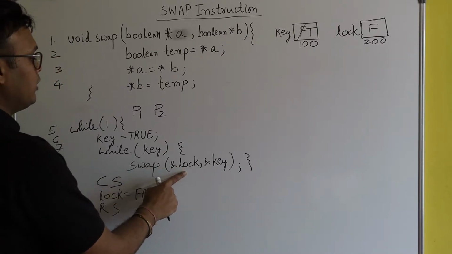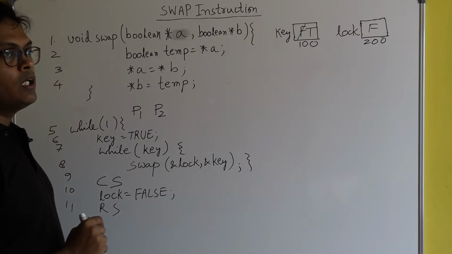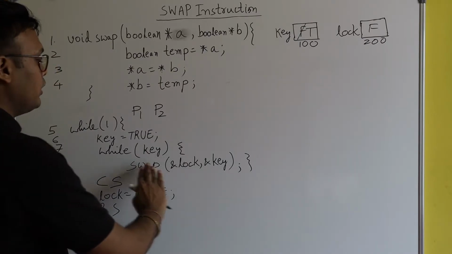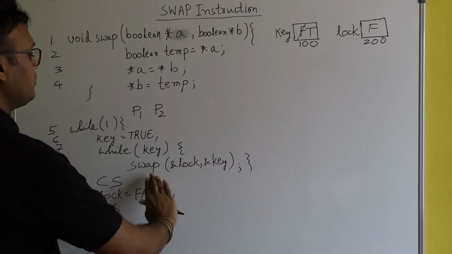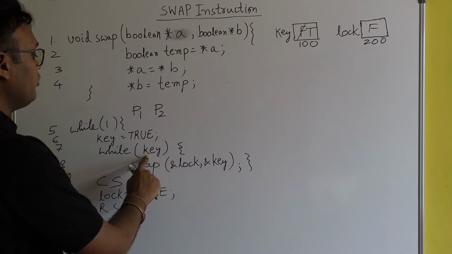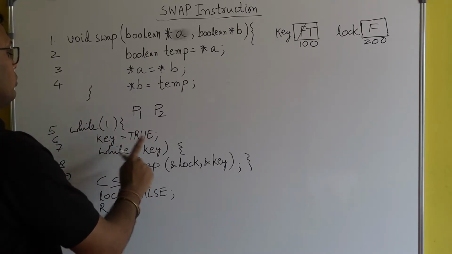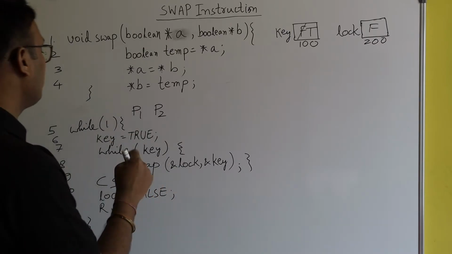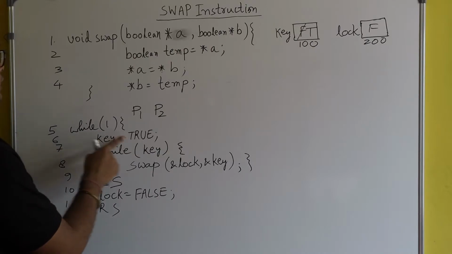Swap(&lock, &key). So here you see a swap function is being called inside the while loop. I am repeating again. Process P1 will execute this line, key is equal to true.